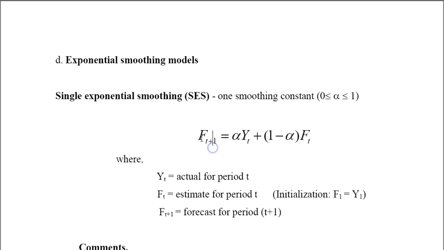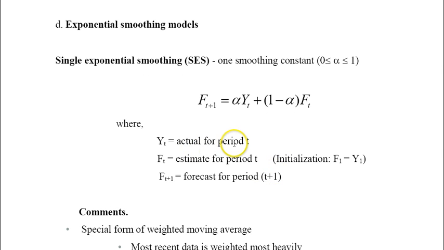So the forecasted value for period t plus 1 depends on the actual value for period t and the forecasted value for period t. Yt is the actual value, Ft is the forecasted value for period t, and Ft plus 1 is the forecast for period t plus 1. Of course, we need to initialize this by saying F1 equals Y1.